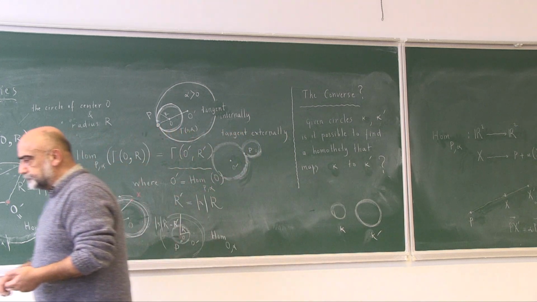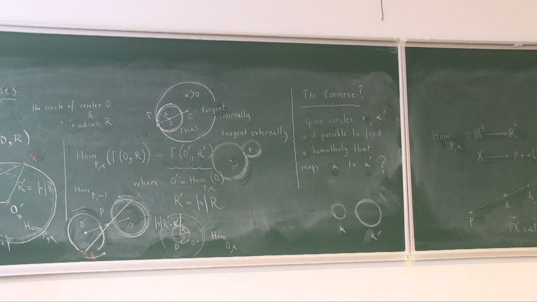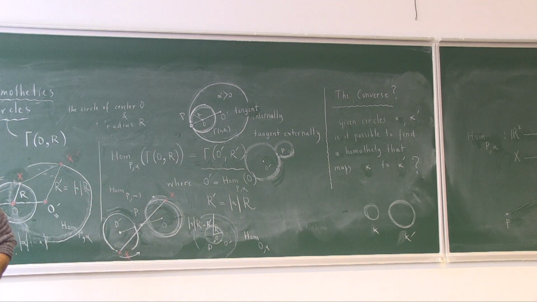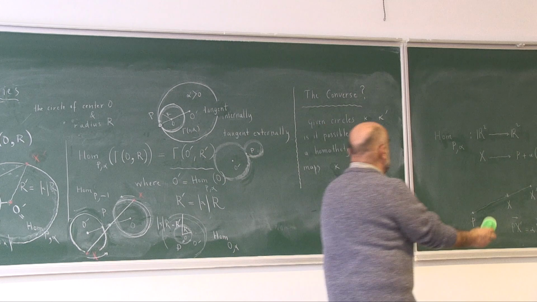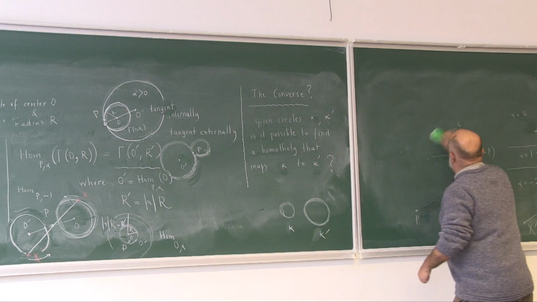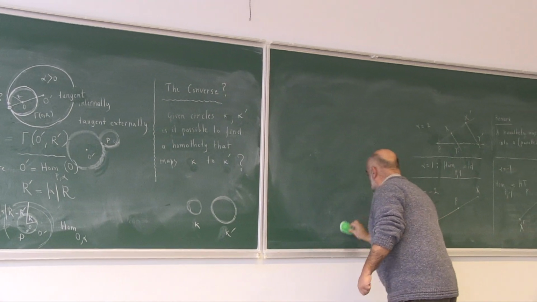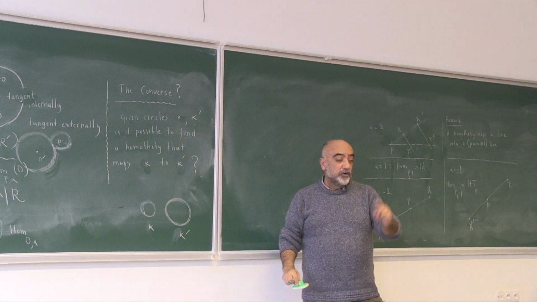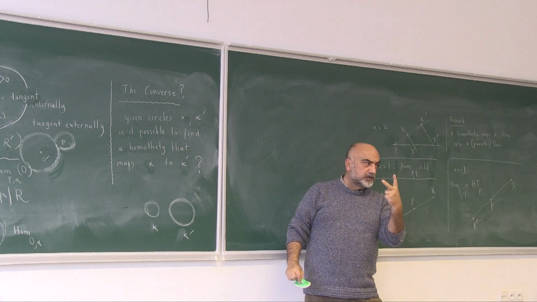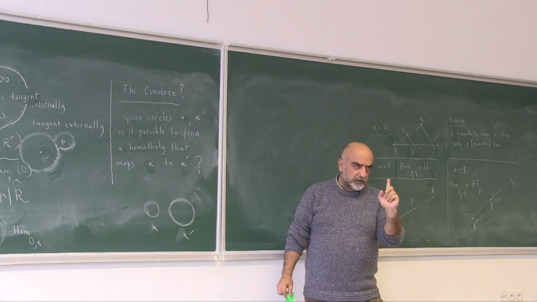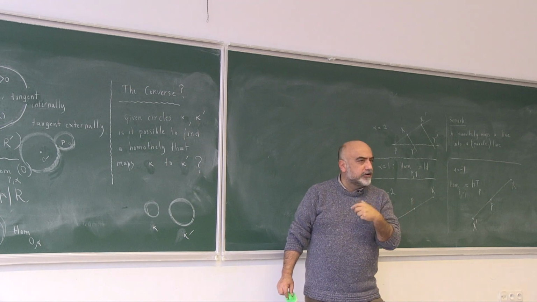Well, let me give you the answer. The solution to this question is as follows. Yes, the answer is yes. Given two circles, it is always possible to find, in fact, not one homothety but two distinct homotheties which map the one circle into the second one generically.